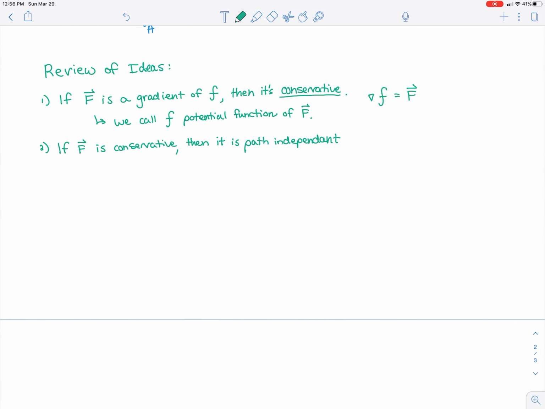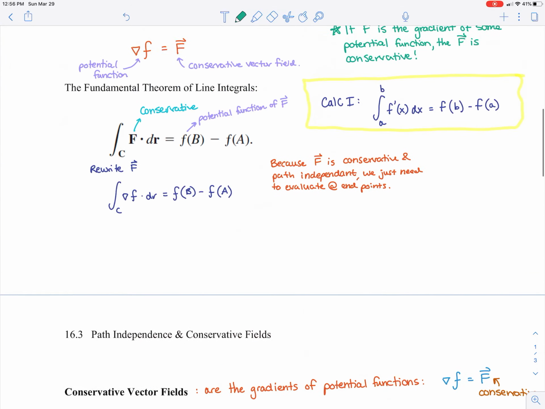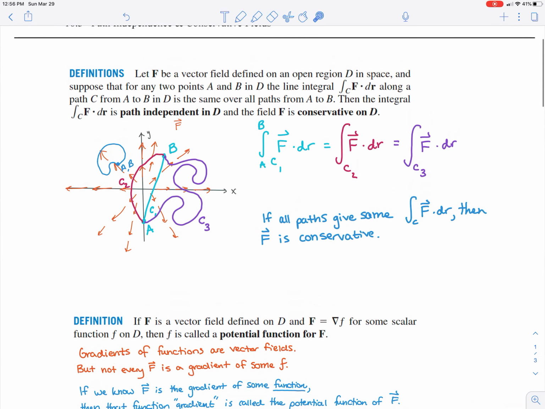That means any path through a conservative vector field will give you the exact same answer. So from A to B, it could be this path, this path, or this path. They will all be the same, not necessarily zero, but they will all be the exact same. So that's what this idea was saying.